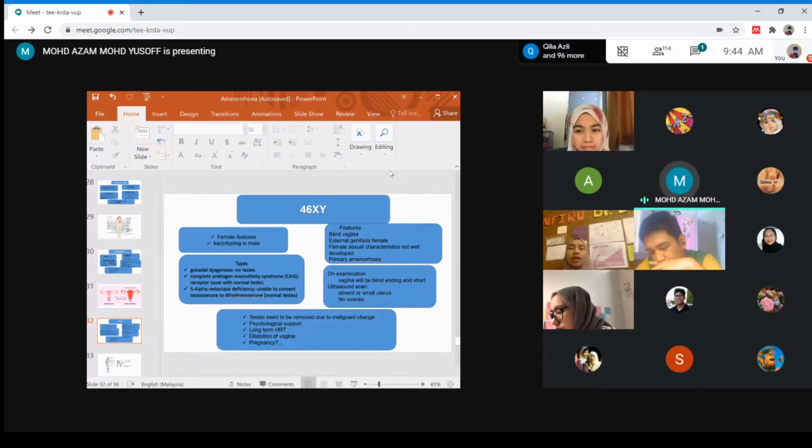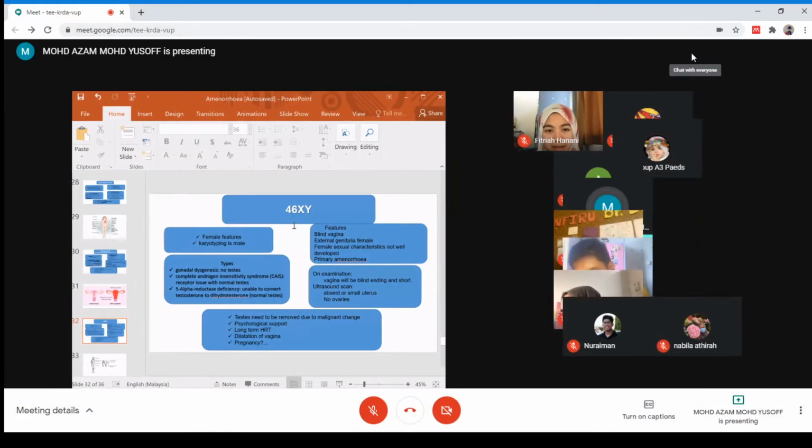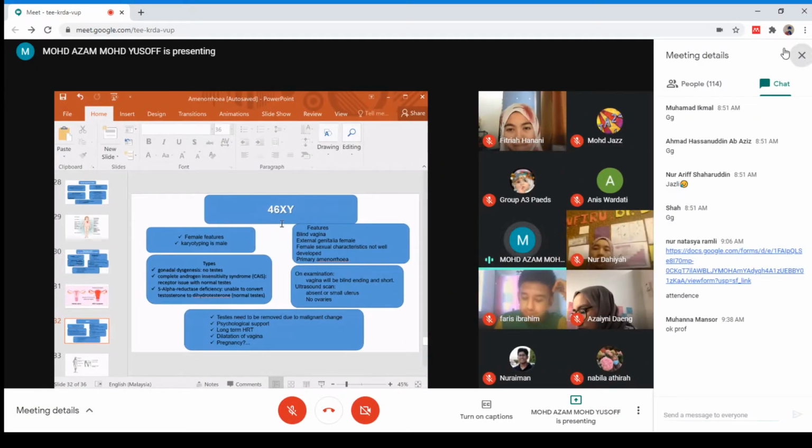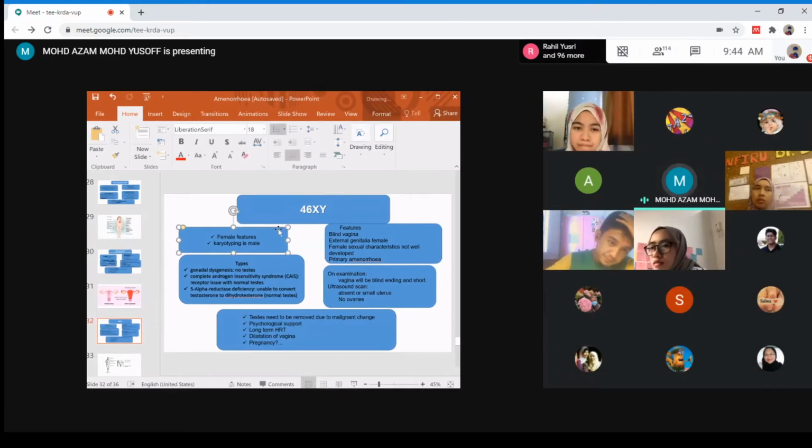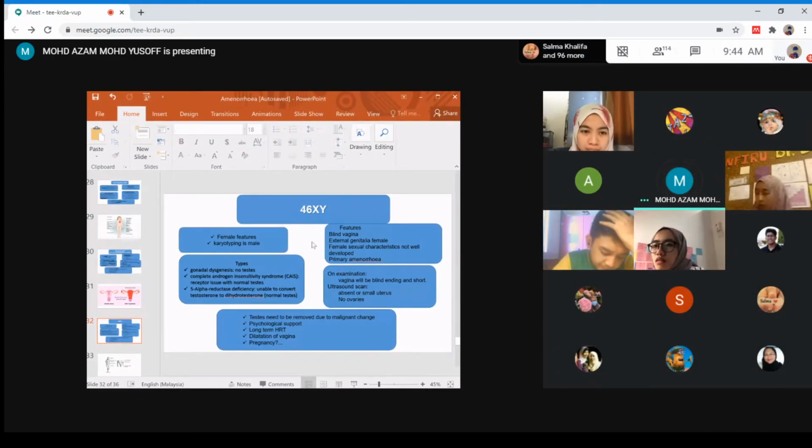I've seen a few cases of this, where they are male. So it is very hard to tell them that you are male actually. They are very hard to accept. I think I have seen 3-4 cases already. All right, so there are different types of 46XY. Three types.